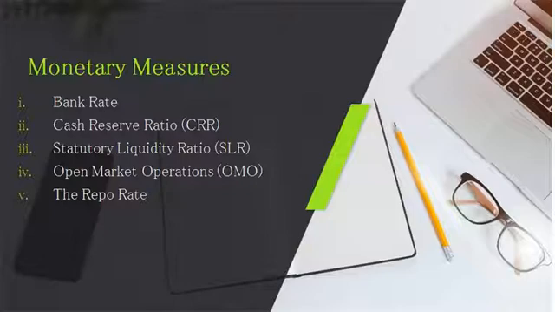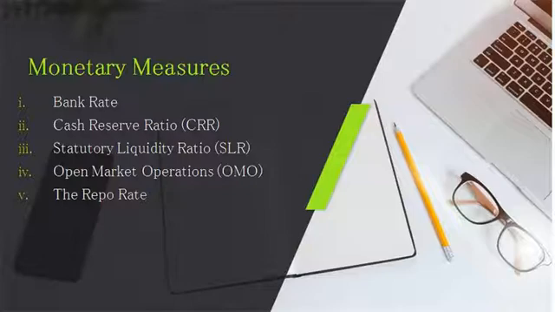Cash reserve ratio, I have told you. It is another traditional monetary tool with the RBI to control inflation. Similarly with SLR, statutory liquidity ratio. And open market operations, I have told you, is the purchase and sale of government securities or treasury bills by the central bank of the country.